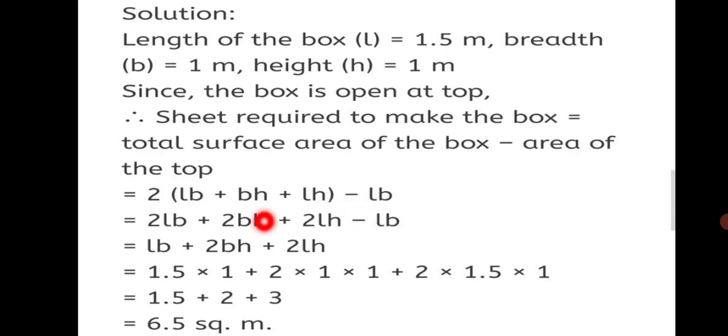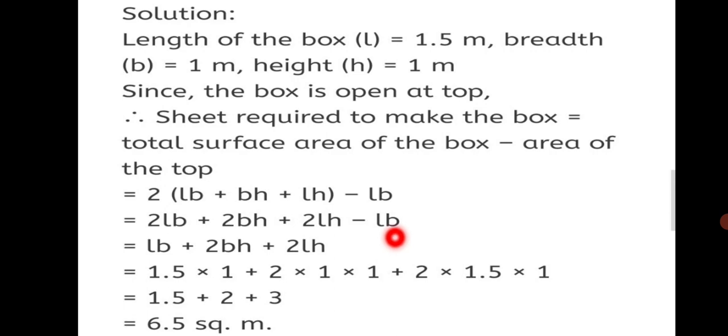Now let's substitute the values. So 2 times length into breadth, we have opened the bracket, plus 2 times breadth into height plus 2 times length into height minus length into breadth. This is how we are going to solve. We have opened the brackets.